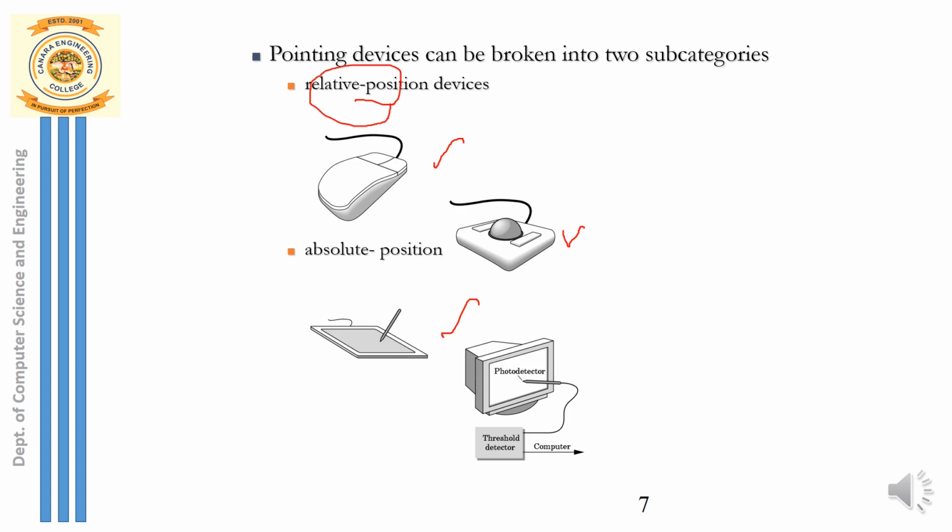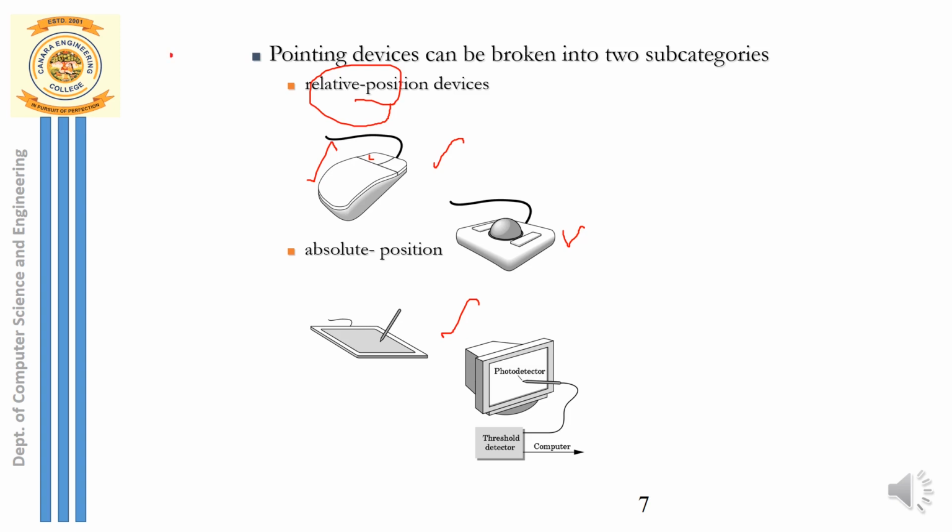One we call relative position devices. So the first category of pointing devices is the relative position device. What is this type of pointing device? An example is a mouse. Whenever I click a left button, immediately it returns a position on the screen, right? Suppose I'm moving my red pen and clicking on this particular position.